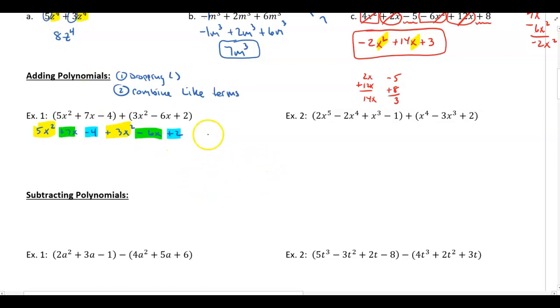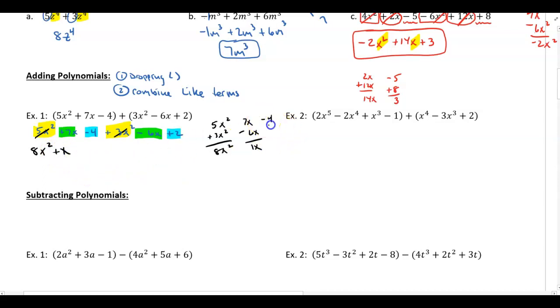So now when I go to combine them, I start with my x squareds. 5x squared plus 3x squared gives me 8x squared. Cross them out, I've used them. Then 7x minus 6x, remember I always include the sign to the left, will give me 1x, so it's plus x.